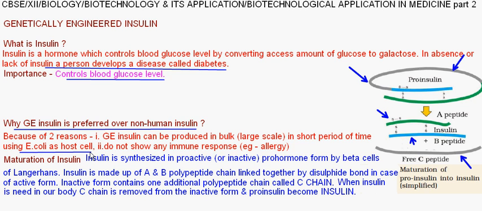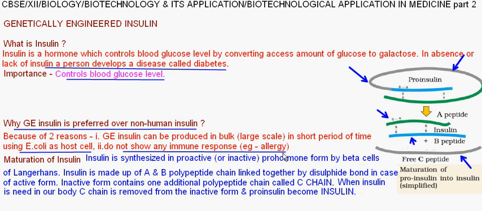And genetically engineered insulin is identical to the human insulin because the same DNA molecule is inserted in E. coli cells. So they do not produce any immune response, for example allergy or any other type of response, when that insulin is used as medicine in diabetic patients.